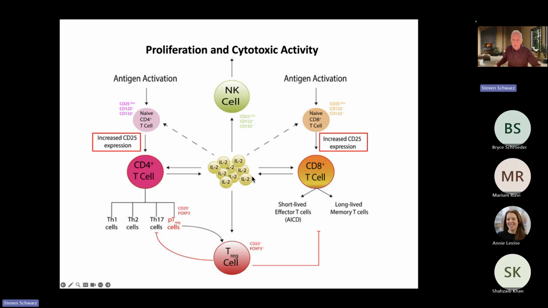These are your helper or killer cells, producing both from an antibody production standpoint and from a T killer cell standpoint. So by inhibiting the IL-2 receptor, you then inhibit the ability to produce more CD4 or CD8 positive cells, leading to reduced antibody production and reduced cellular proliferation.